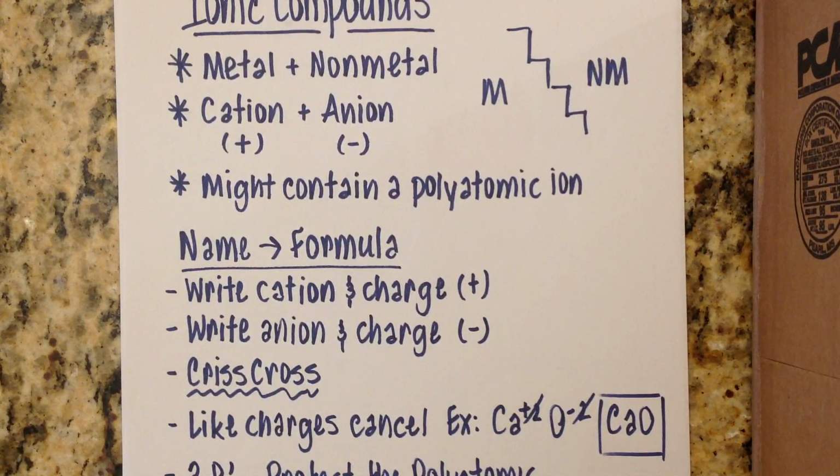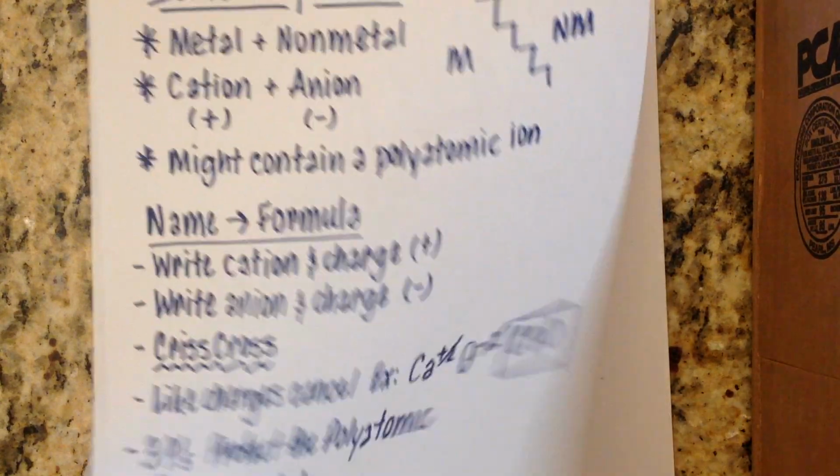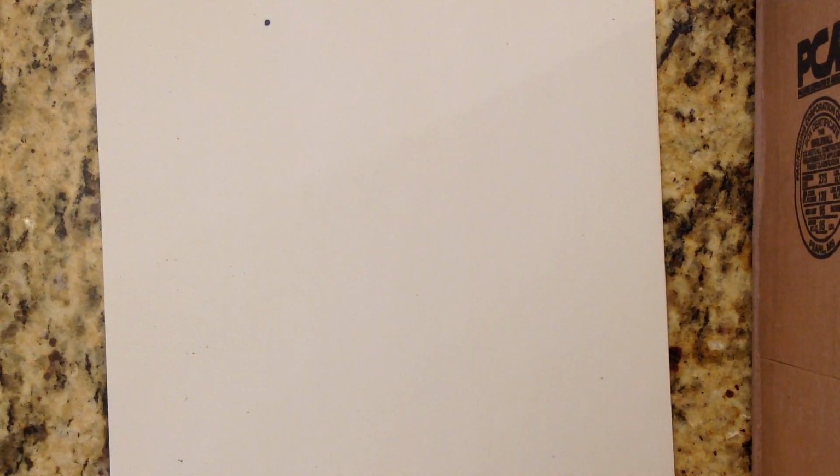Those are going to be from your nonmetals, and you know those charges from the columns of the periodic table. Then we're going to do this really technical, really important step called crisscross. Literally, that's going to take care of everything that we need to do. It is so easy.